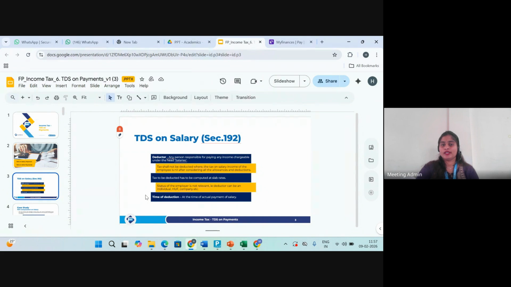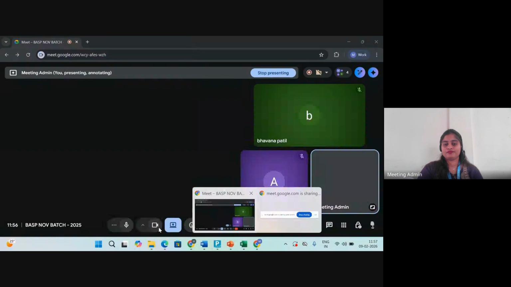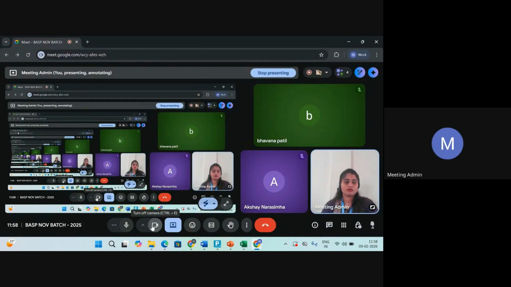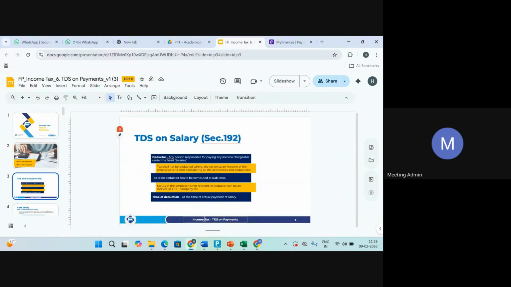Everything we are going to learn now. So, TDS on salary, section 192. Please make a note. The section will be section 192. It's very important while filing. Please make a note.